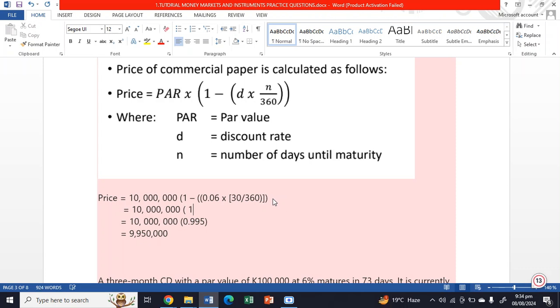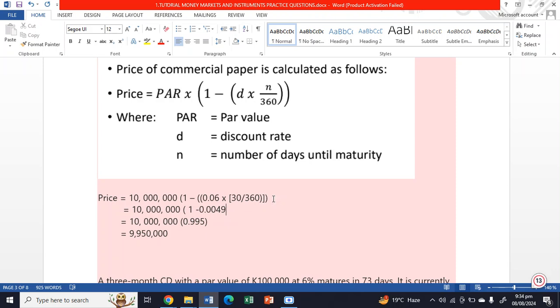So it's 1 minus 0.0049. You don't need to write all those 9s.